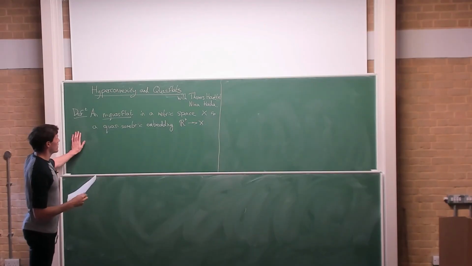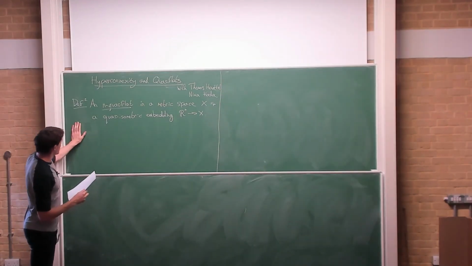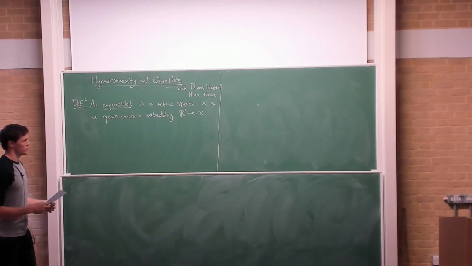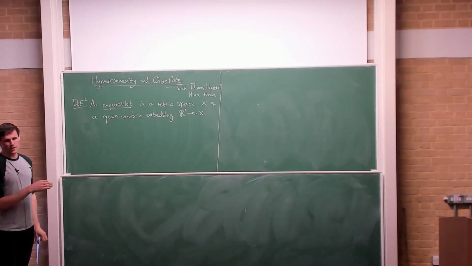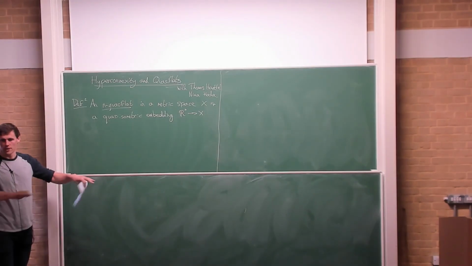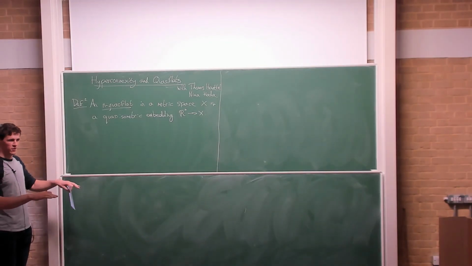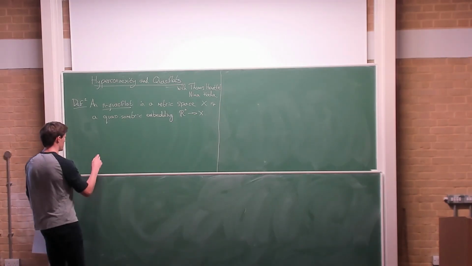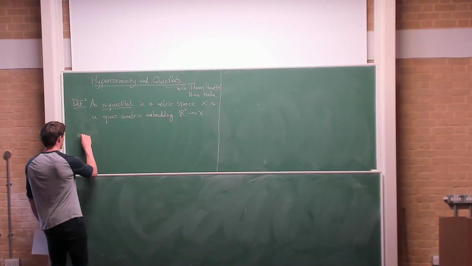Okay, in general, these things can be pretty bad. The name quasi-flat makes you think that it would be nice and flat, but an example of something that is a quasi-flat and doesn't look that flat is a logarithmic spiral.